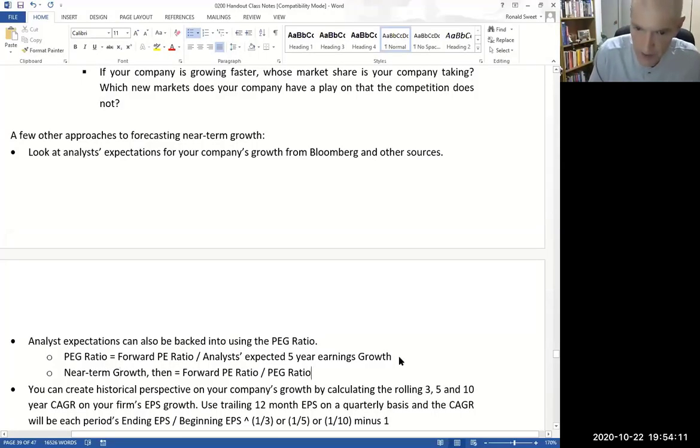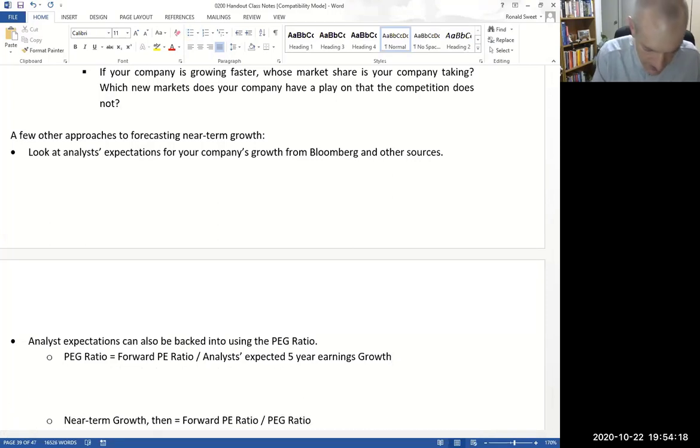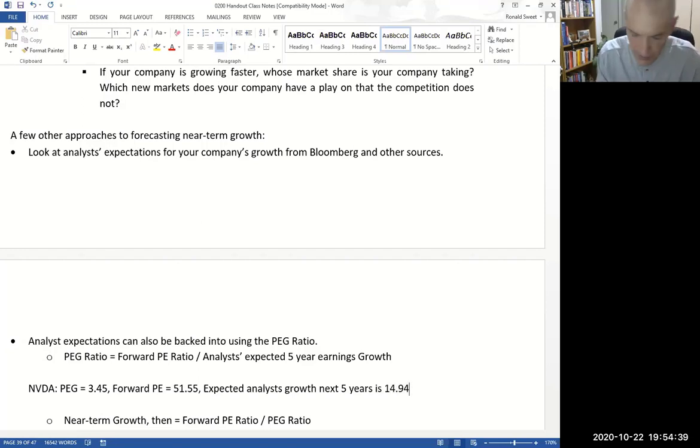Sorry. So for NVIDIA, the PEG was 3.45. The forward PE was 51.55. So the expected analyst growth over the next 5 years is 14.94, but it's 14.94%.